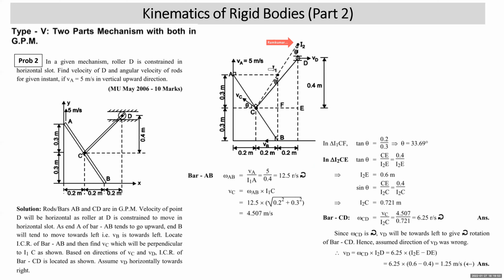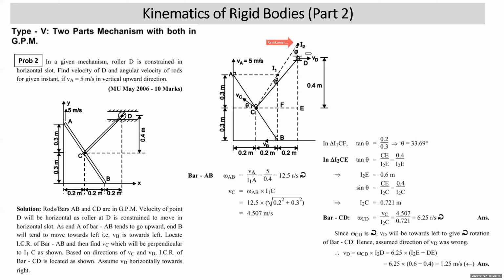As omega CD is clockwise, the velocity of point D, which we assumed to the right, is giving anti-clockwise rotation to bar CD, but that is wrong. Keep your pen or pencil at I2 and look at the direction. We understood from the direction of velocity of point C that omega CD is clockwise. If you look at the direction of VD, the bar CD will rotate anti-clockwise.